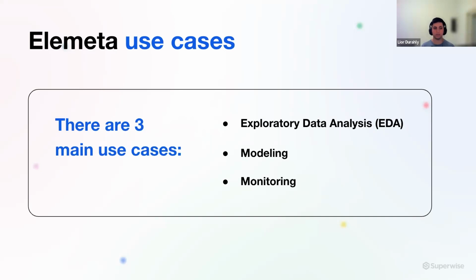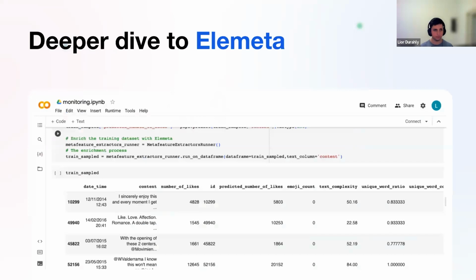And the last use case is monitoring. I will talk about it in a minute, but we can send our meta features to our monitoring system and monitor them better. So I will give a deeper dive into Elemeta.